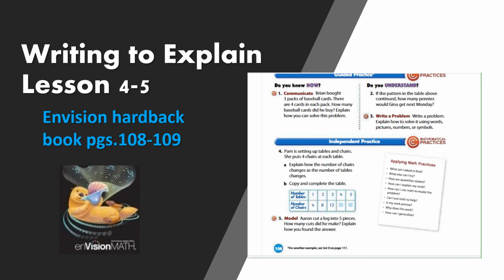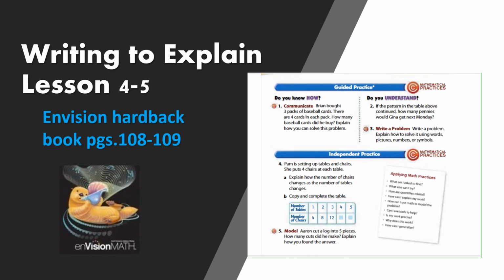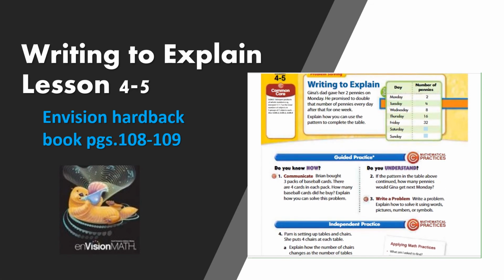So remember when you're explaining how to solve your problem, restate your question as an answer statement. Number 2: if the pattern in the table above continued, how many pennies would Gina get next Monday? If you go back up to this previous example, we would put another row here, and we would label that Monday, and we would put how many pennies there would be for Monday.